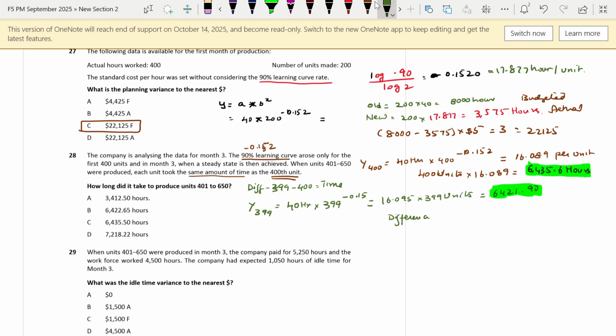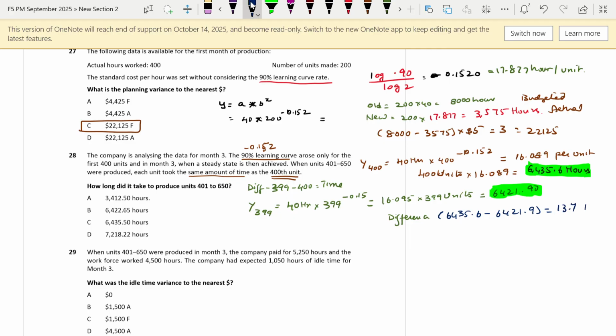The difference is 6435.6 minus 6421.9, which is 13.7.